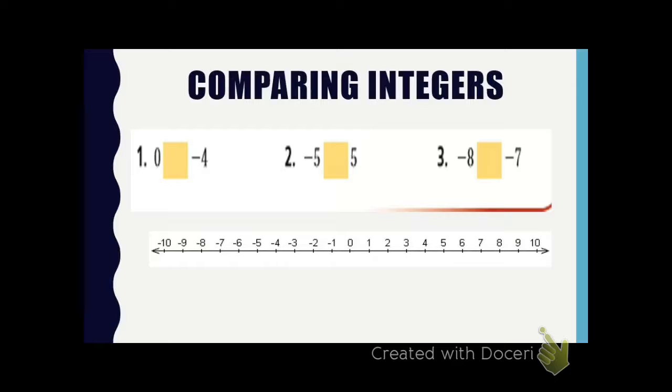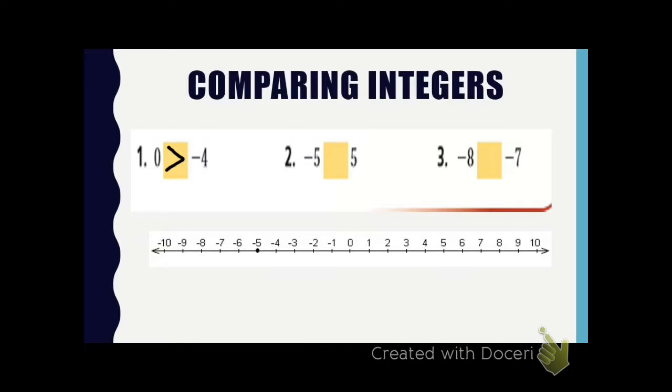All right, so let's practice comparing. Here's your number line. Let's compare 0 to -4. So I would go on my number line. I would mark 0. I would mark -4. So I have -4 and I have 0. Which one's further to the left? The -4 is. So 0 is actually greater than -4. Let's erase those points and look at the next one, -5.